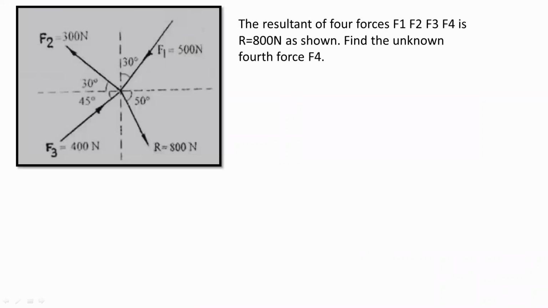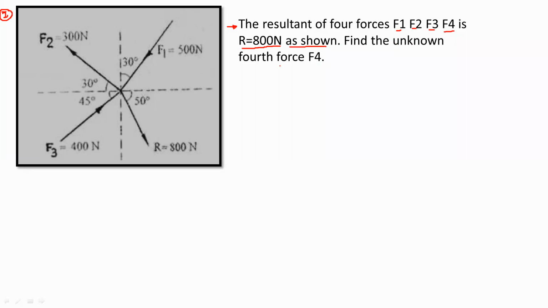Okay, today we will solve this second problem. So note down this problem. The problem statement given: the resultant of the four forces F1, F2, F3 and F4 is R equal to 800 Newton as shown in the figure.